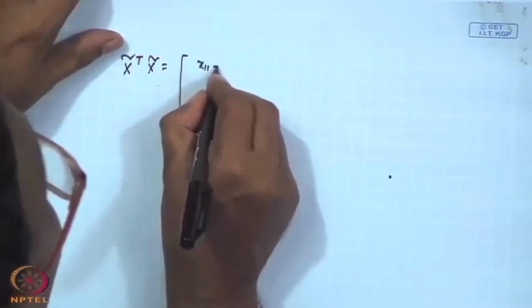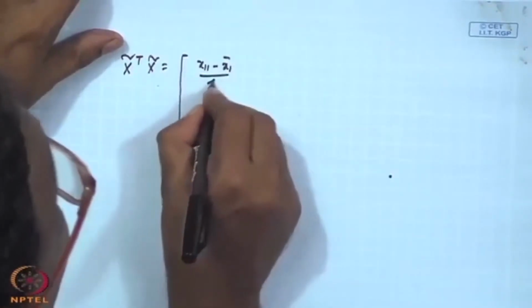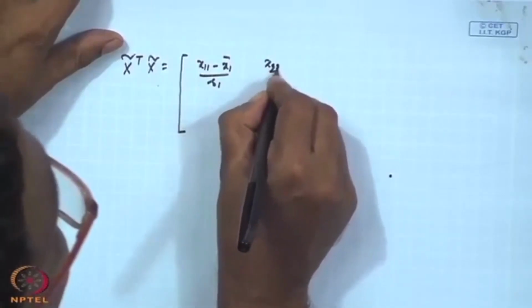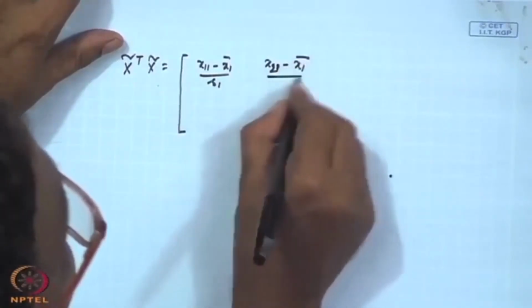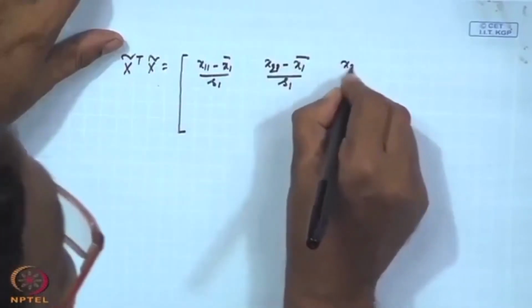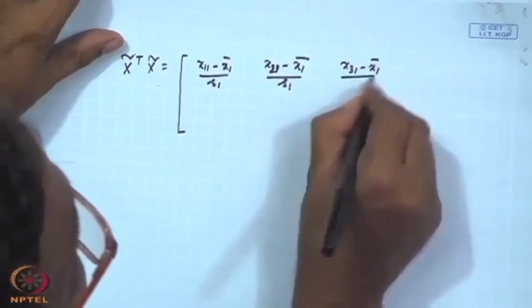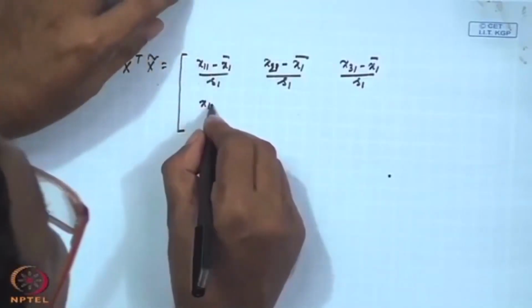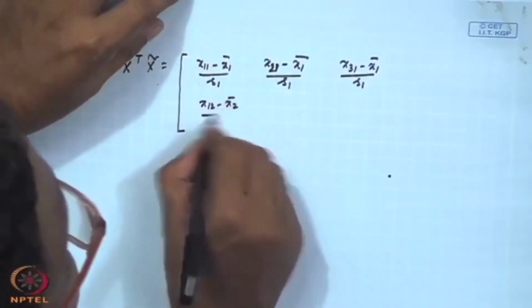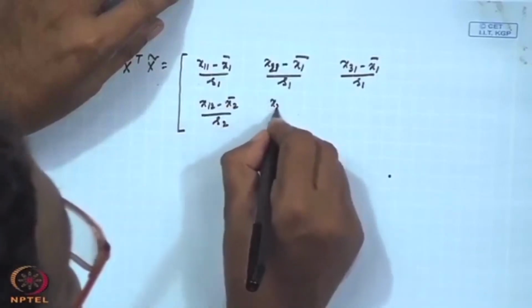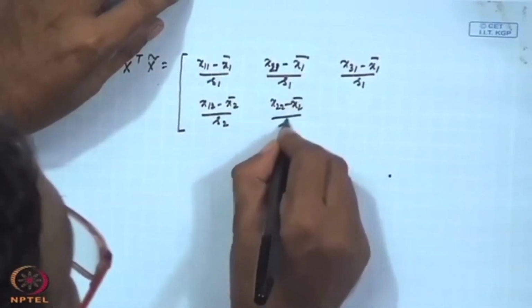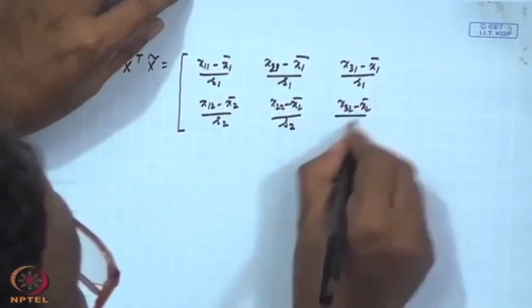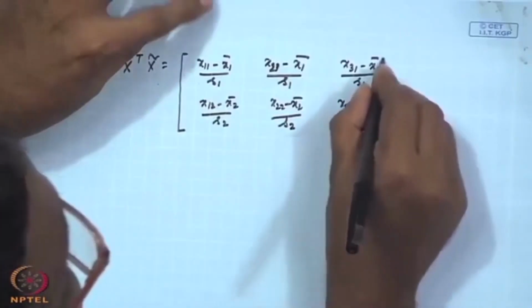Your x11 minus x1 bar by s1, x21 minus x1 bar by s1, x31 minus x1 bar by s1, and then this one will be x12 minus x2 bar by s2, x22 minus x2 bar by s2, x32 minus x2 bar by s2.